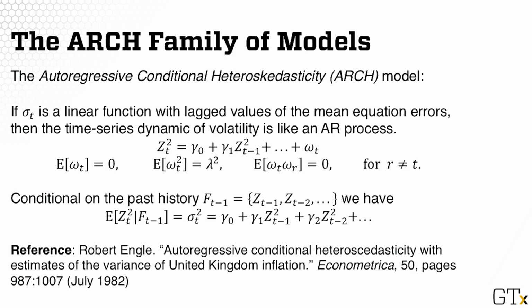The expectation of Z_t squared given the past history of the error process is equal to the error polynomial for Z_t squared. But the expectation of Z_t squared is also equal to sigma_t squared. Hence, we model the conditional variance as a linear combination of past squared error terms: gamma_0 plus gamma_1 times Z_{t-1} squared plus gamma_2 times Z_{t-2} squared, and so on.